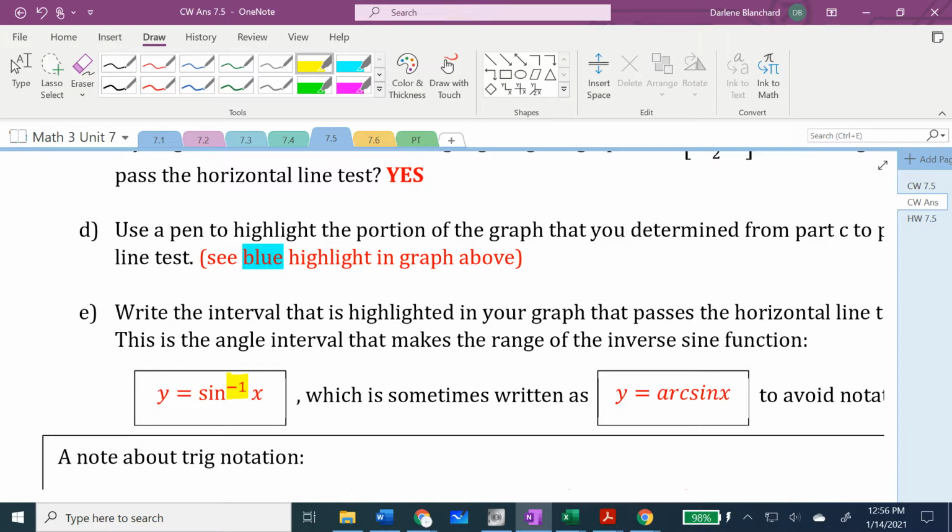We want to look at it as a symbol for inverse. It's not an exponent of -1, even though it looks like it. And I know that's very frustrating. It's an issue.